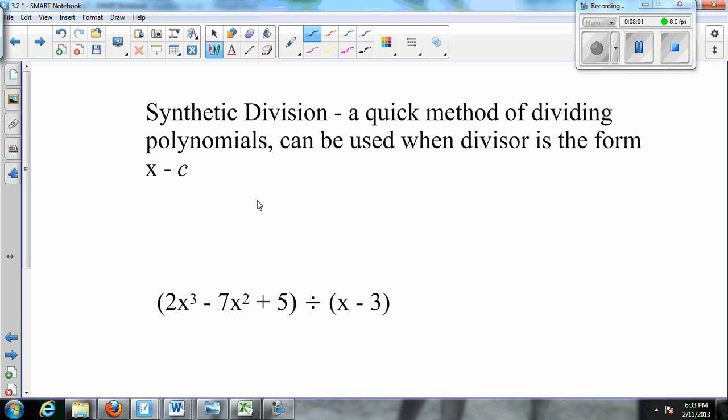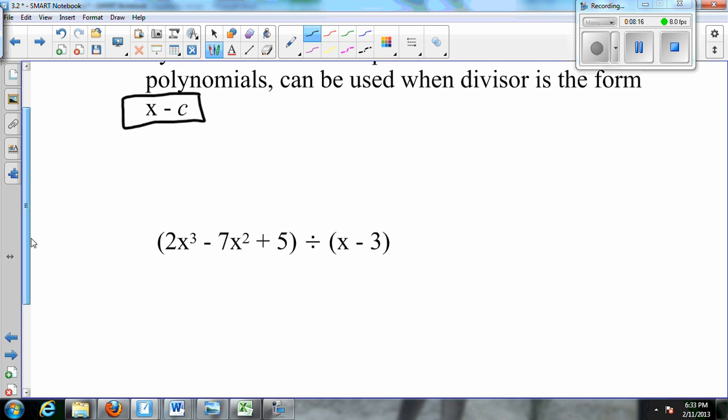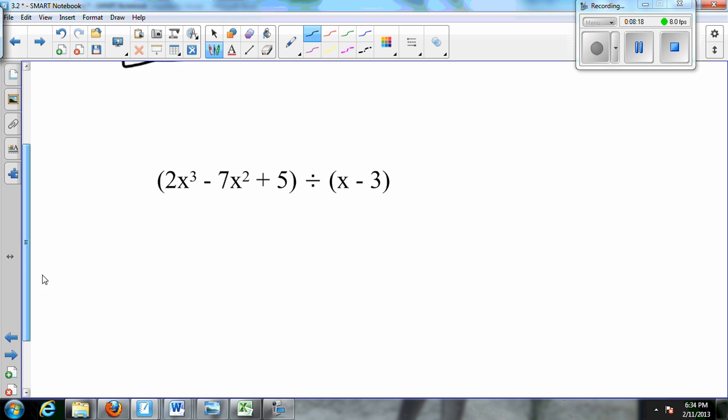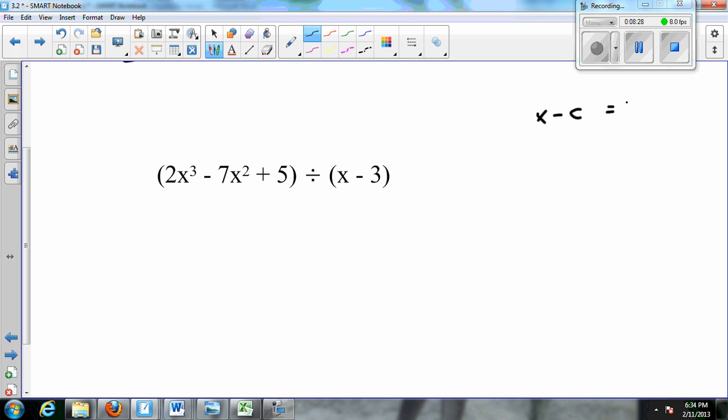We can use synthetic division for a quick method of dividing polynomials only when we're dividing by a degree 1, something like x minus c. So our example, we have 2x cubed minus 7x squared plus 5 divided by x minus 3. First thing we do is we take the x minus c equal to 0, solve for c.